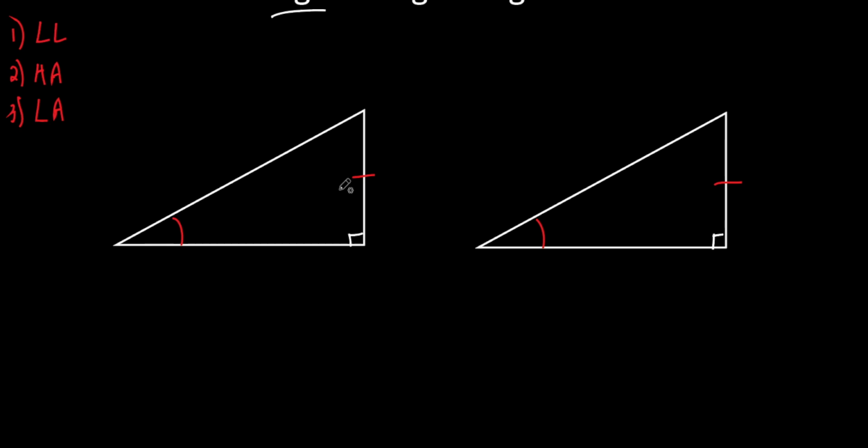But since it's a right triangle, I can just say it's a leg and an angle. So this is another way to show leg angle. All right? So there you go. So there's our 3. And there are 3 different ways to show triangles are congruent using right triangles.